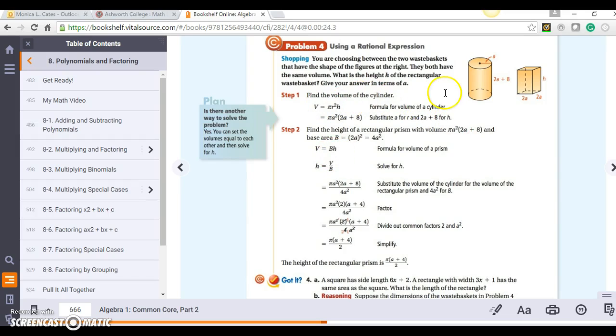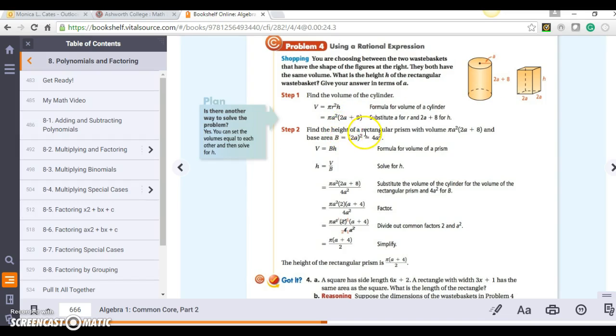The volume of a cylinder is pi r squared h, and our height instead of h is going to be 2a plus 8 right here. And our radius they give us is a, and they want our answer in terms of a as well.